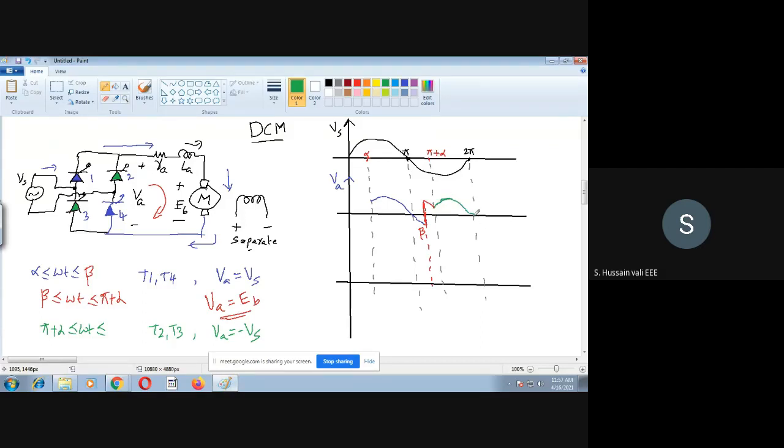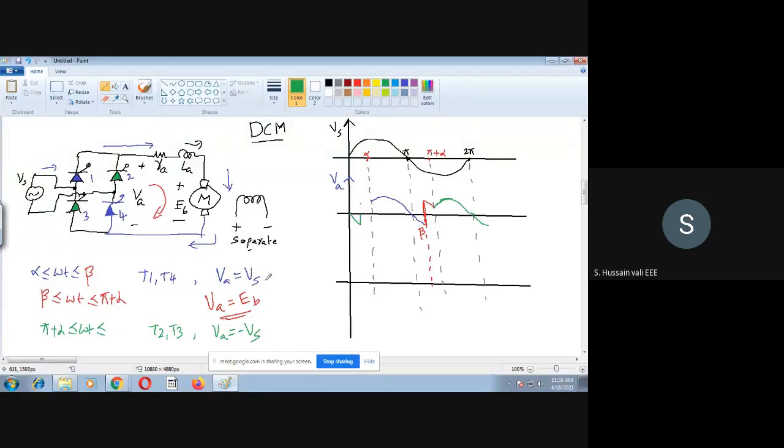Yes, this is the waveform. This waveform will continue. Let me complete this waveform here, just like this case. Now once again at this instant, the energy will become 0 in the inductor, so all the thyristors will be turned off.